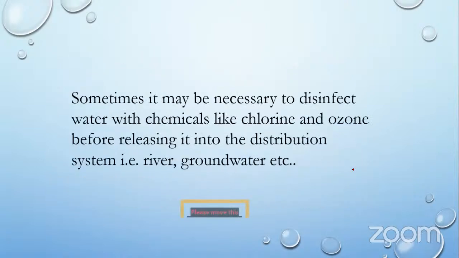Sometimes it may be necessary to disinfect water with chemicals like chlorine and ozone before releasing it into the distribution system. So we have seen that sewage water is treated in physical process, biological process, and chemical process. This is a chemical process. What they will do, chlorination, means they will pump chlorine.